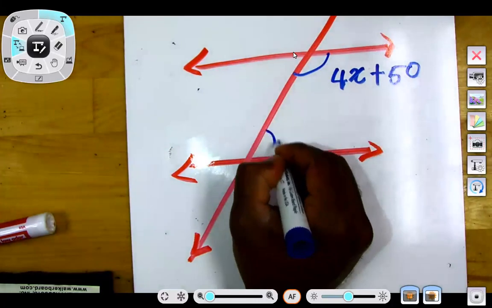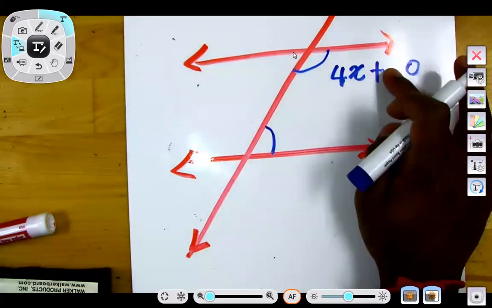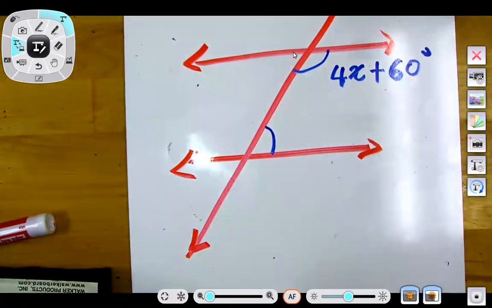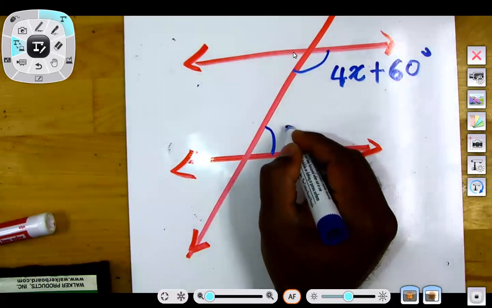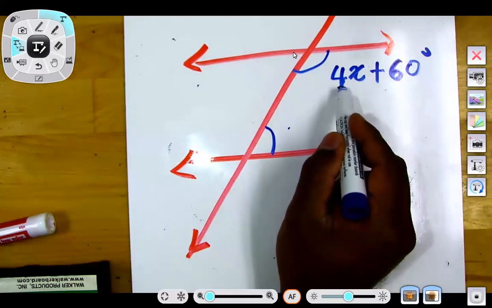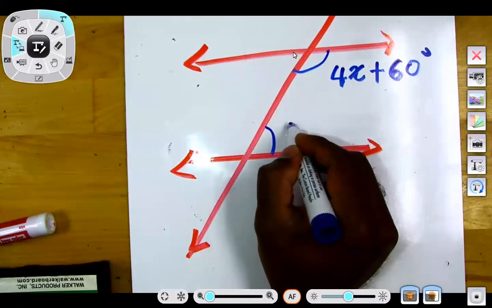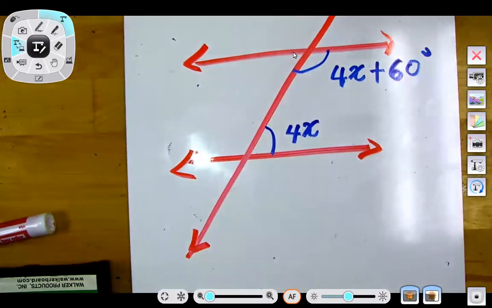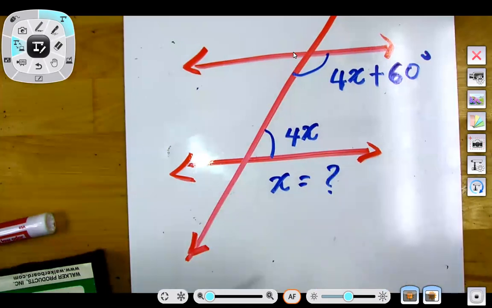And this one, you know what? I'm just going to give you 60 degrees. This one is 4x. Now, I want you to find what x is equal to. So my question is, what is x in degrees?